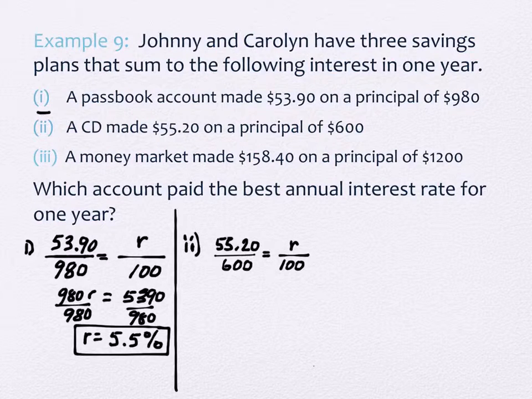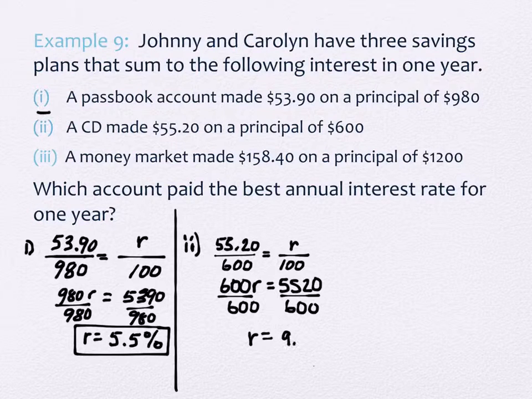And again, this is an interest rate, so I'm going to use R. So 600R equals 5,520, and we'll divide. So what is 5,520 divided by 600? 9.2, and it's a percent. Very good.